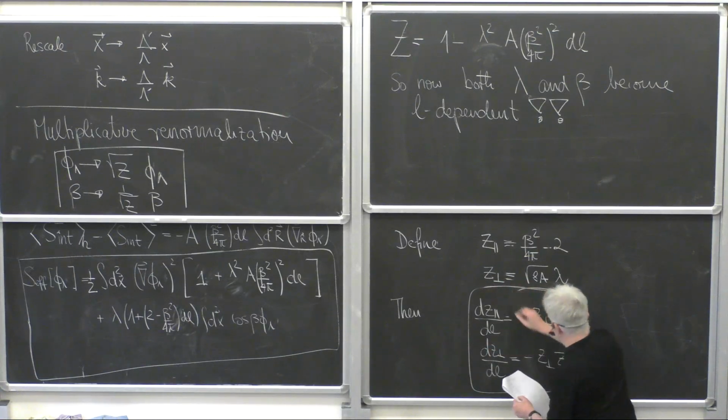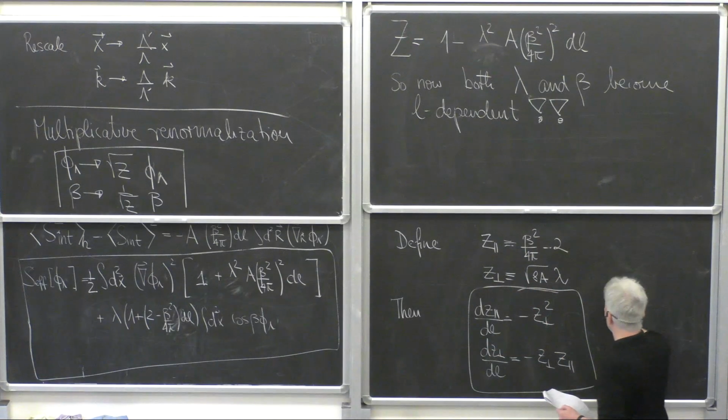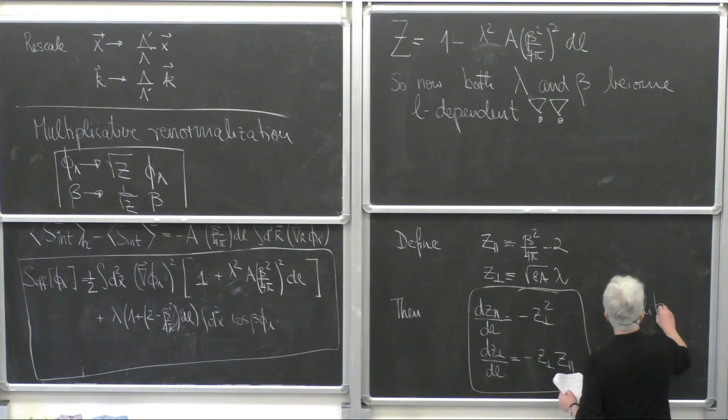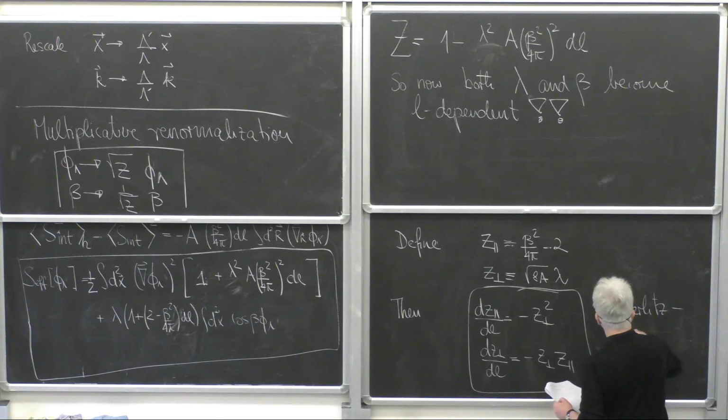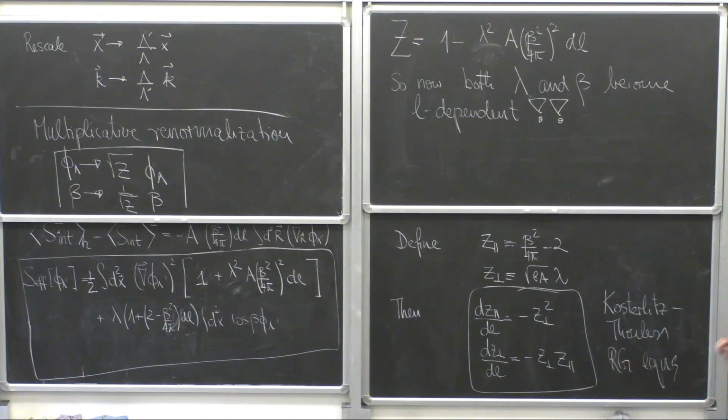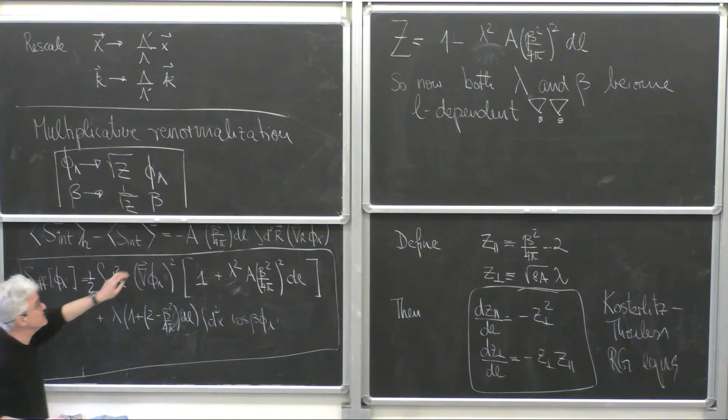Okay, and so these are very famous RG equations. These are called the Kosterlitz-Thouless RG equations. Okay, and by analyzing these equations, which I'm going to do now, we will understand what this cosine perturbation does to second order in RG.